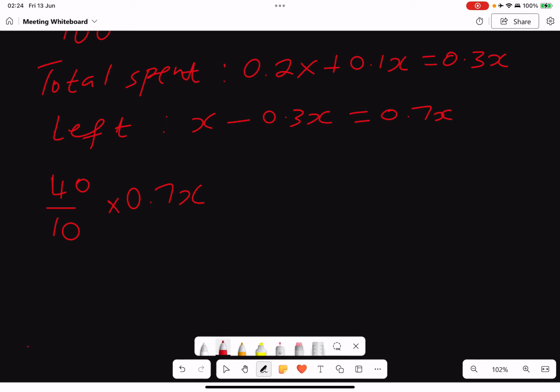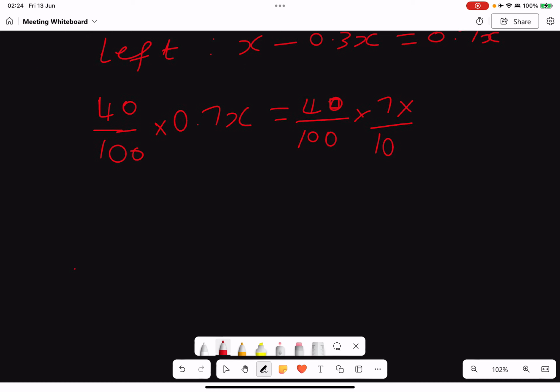And then let's see how much that will be. Basically here we're going to have 40 over 100 multiplied by 7 over 10x. And then the 0 will cancel that one.